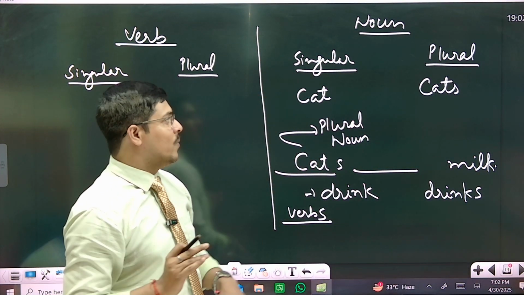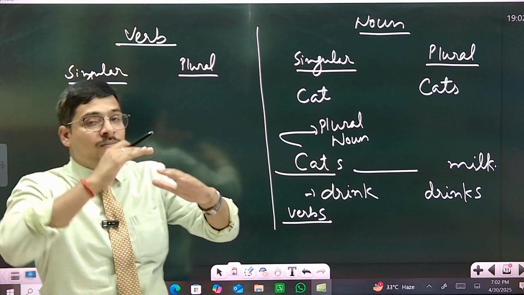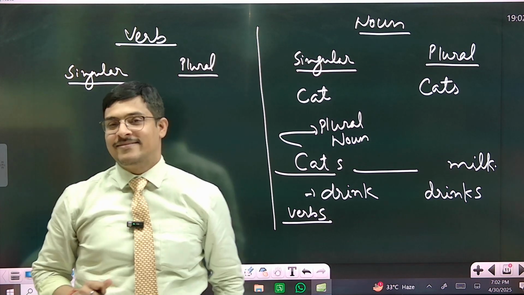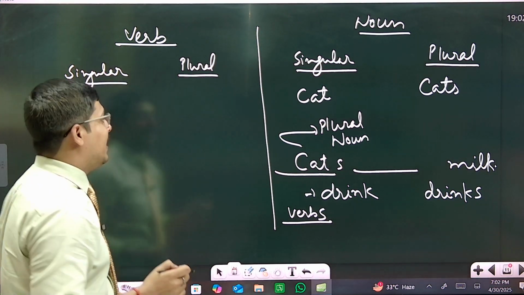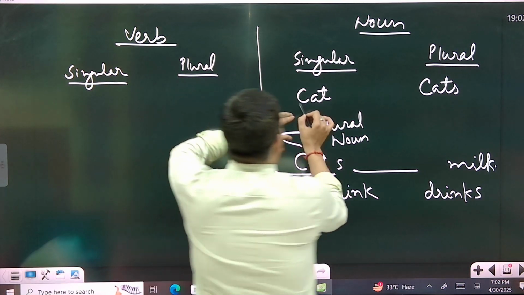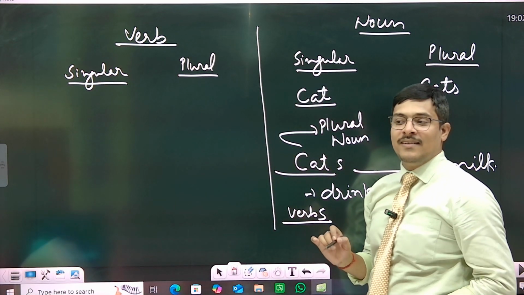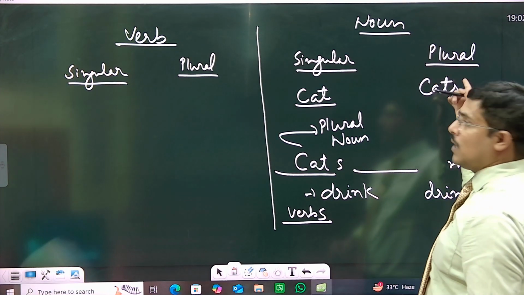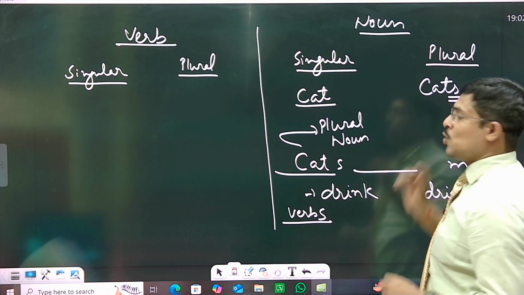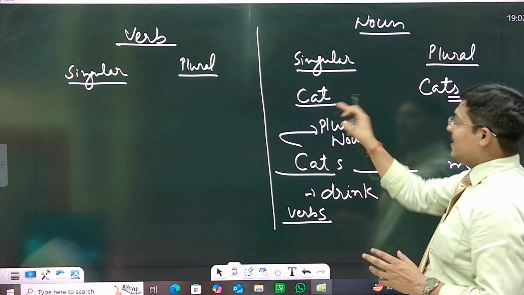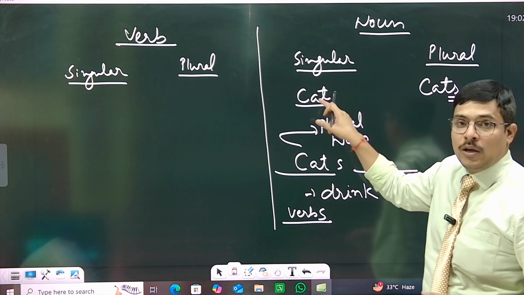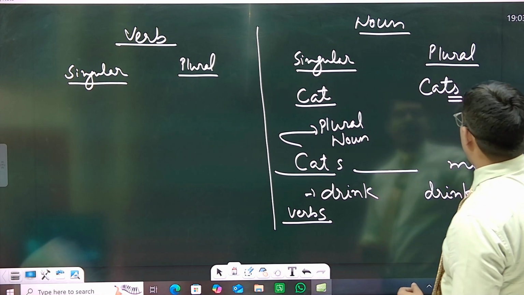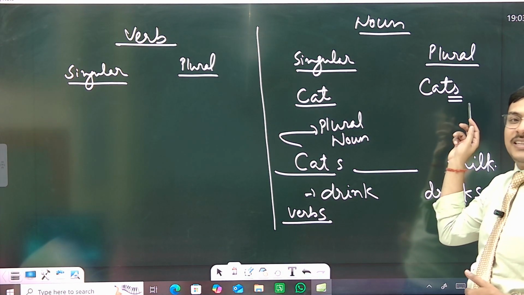I told you, noun and verb have an inverse or reciprocal relation. We can see a singular noun does not end with s or es, whereas a plural noun takes s or es. When we change a singular noun into a plural one, we add s or es, as you can see here.